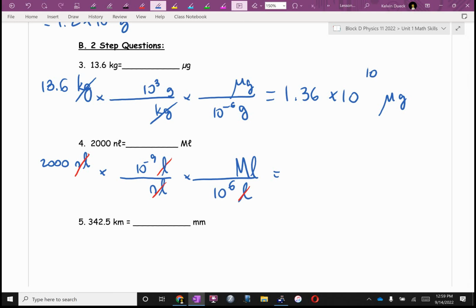There's negative 9, so that's going to be negative 6. It's going to be 2 times 10 to negative 12. Is that right? Yeah. That was easier than you realized because I was only having to deal with the powers of 10. Megaliters. Is that what you got as well, Logan? Good.